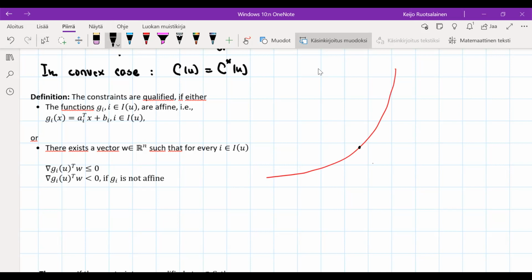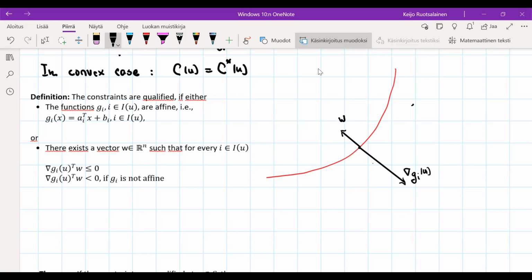For sure, the gradient here of the function gi at u points into that direction. And then there is one direction which is in such a way that the scalar product is negative, then I just take a small step like this.